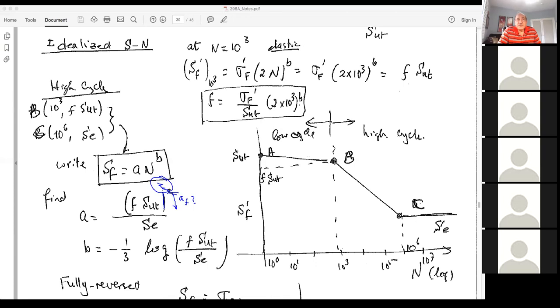So the y coordinate of B is F times S ultimate. F could be 0.8, 0.9, 0.75, in that range.